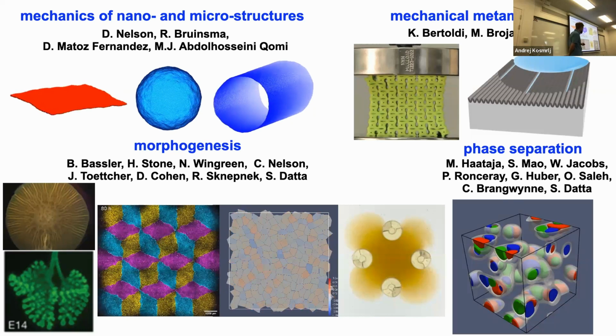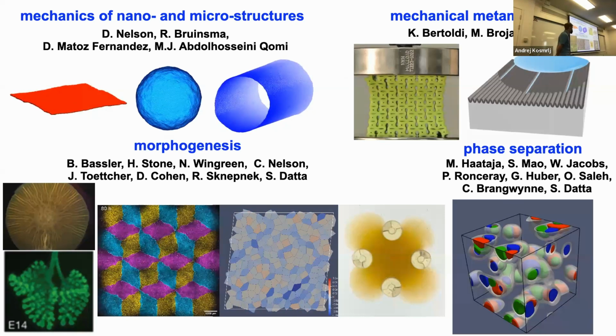We are also very active in the studies of the phase separation of multi-component systems, which I'll talk about today. This was also inspired by biological systems, in particular these biological condensates that I'll mention more about.